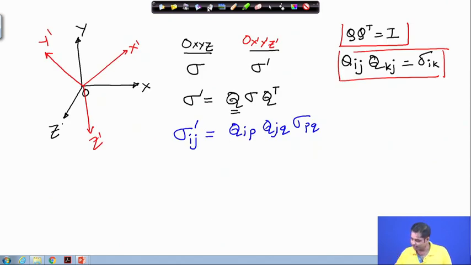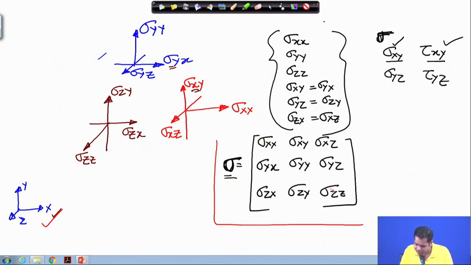Let us suppose we consider the trace of this stress tensor. What is the trace of sigma? The trace of sigma is equal to sigma xx plus sigma yy plus sigma zz, right.